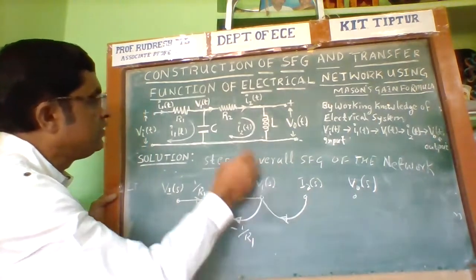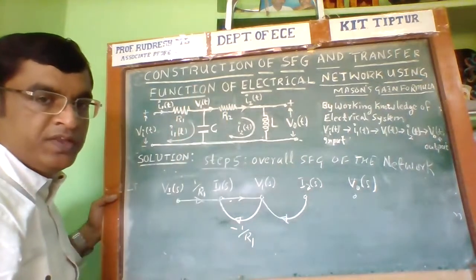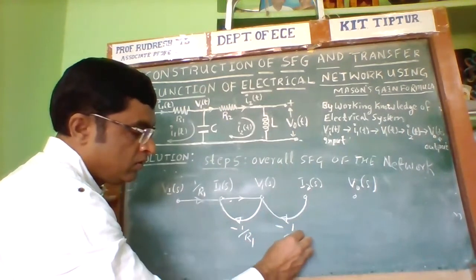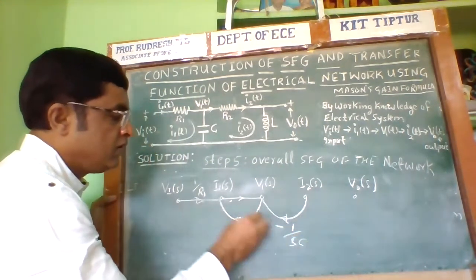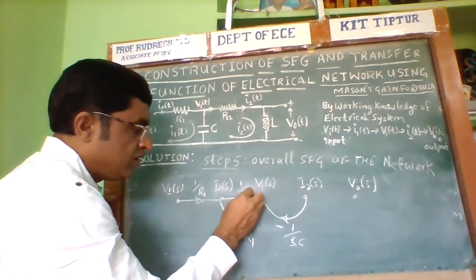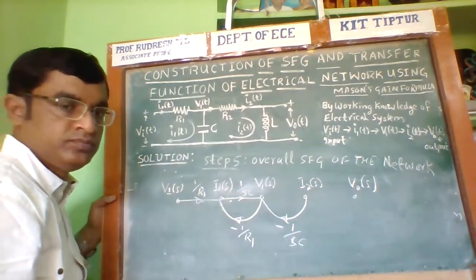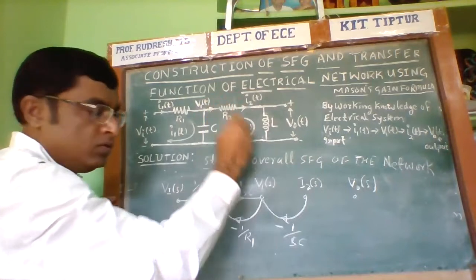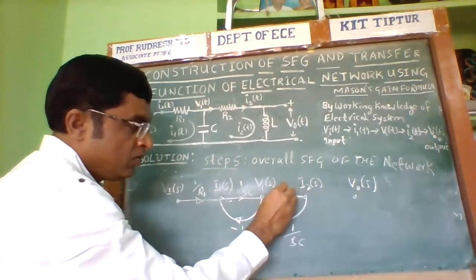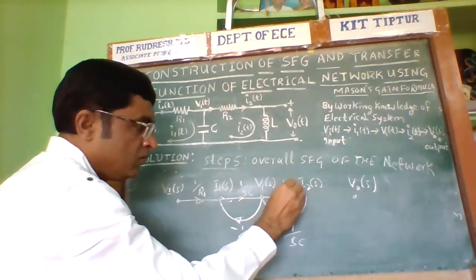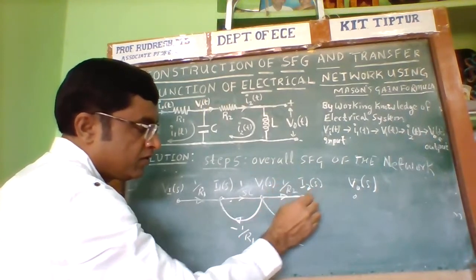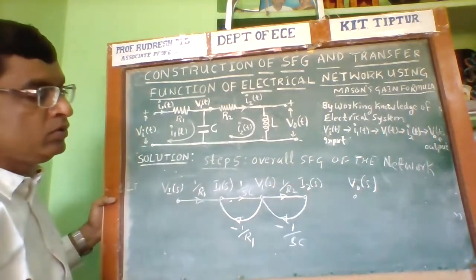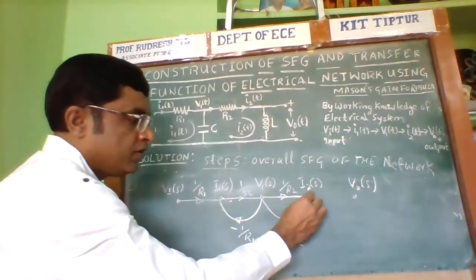V1 of S is the voltage across the C. Therefore, here I should write the gain S into C, minus S into C, plus S into C. Similarly, I2 of S is through the resistance R2. Therefore, here I should write 1 by R2. The output of the previous section goes to the input of the current section.